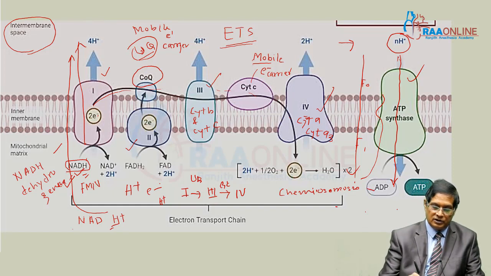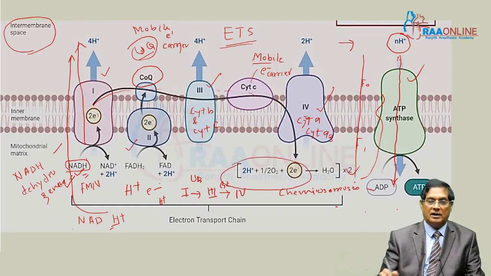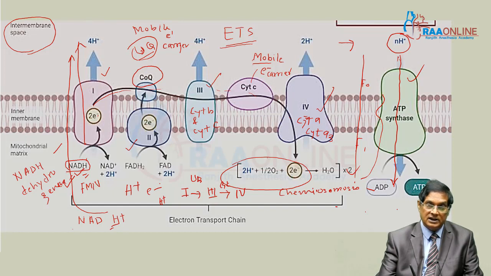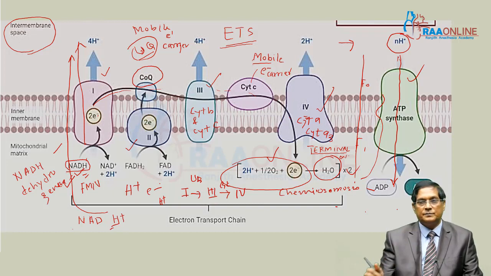These protons are immediately trapped by hydrogen ions and combine with atmospheric oxygen to form a water molecule. This water molecule is formed by terminal oxidation. And why are protons transferred from the perimitochondrial space to the matrix? Because a proton gradient is established between these two.